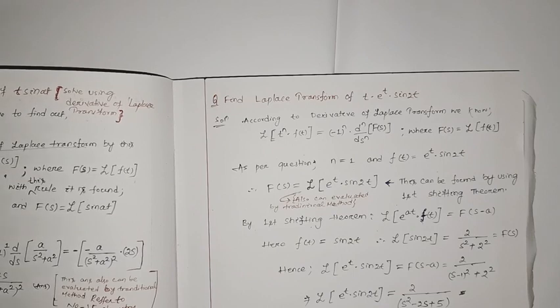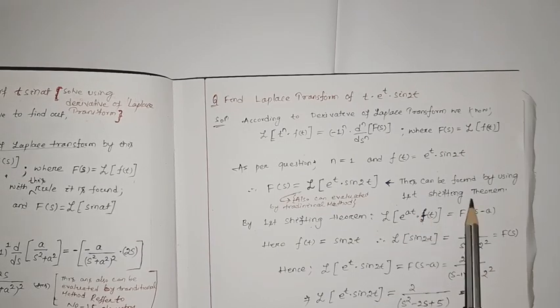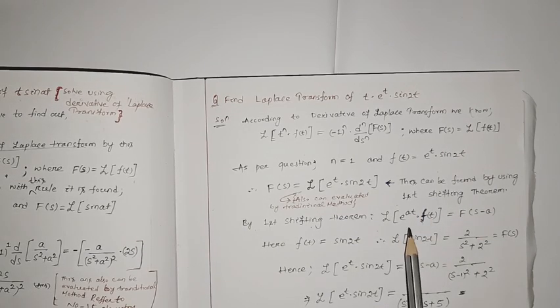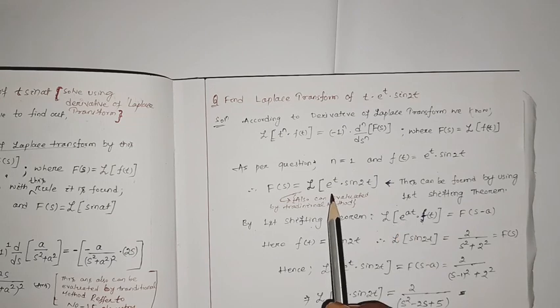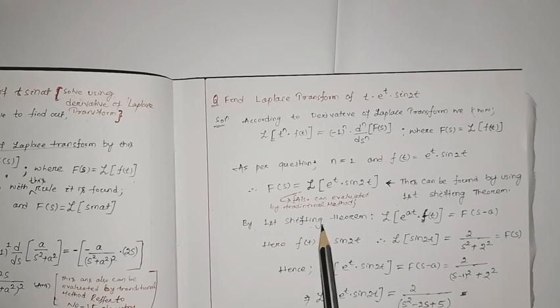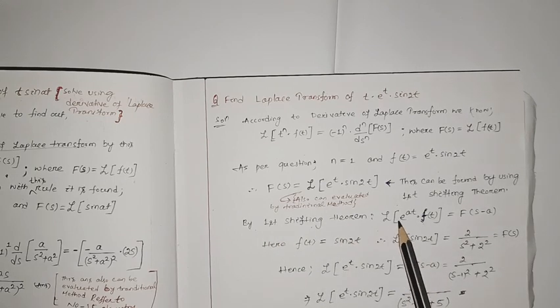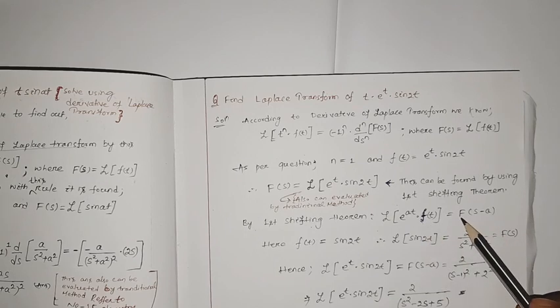So first we have to use the first shifting theorem to find the Laplace transform of e to the power t sine 2t. According to the first shifting theorem, we know that the Laplace transform of e to the power at f of t is nothing but F of s minus a.